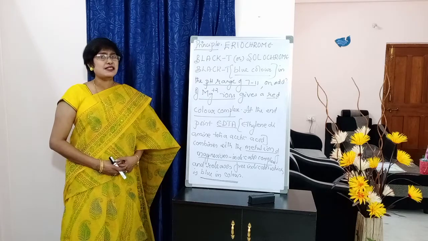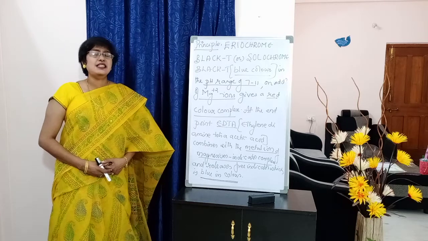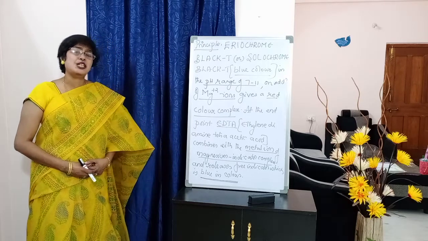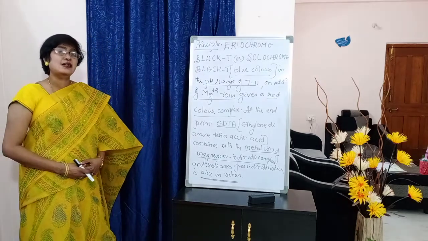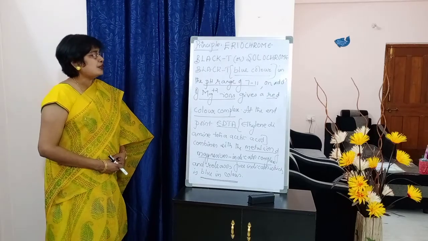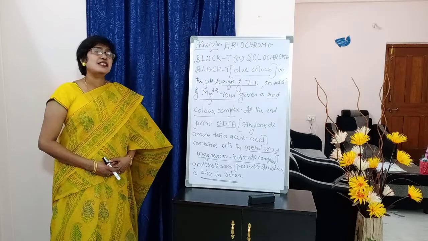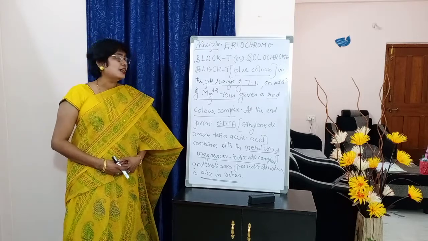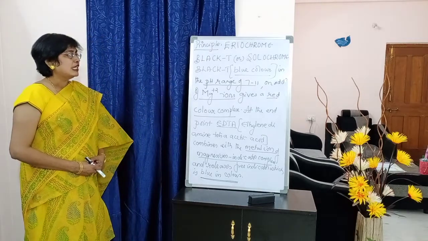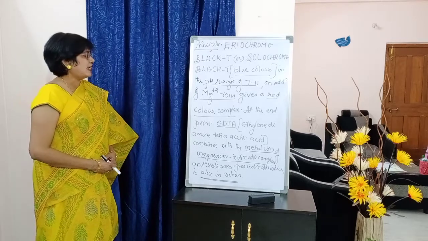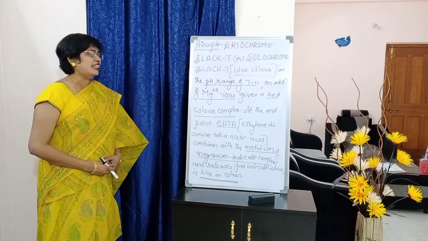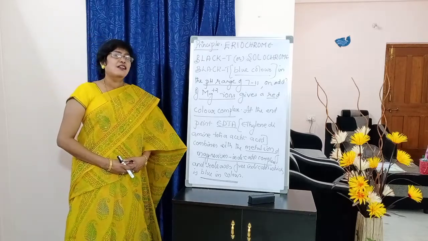Okay students, first understood now? The EBT indicator reacts with the Mg+2 ions present in the magnesium salt to produce a red colored complex, which is nothing but magnesium indicator complex. Full stop. Next, what happens at the end point? EDTA, which is the ligand.